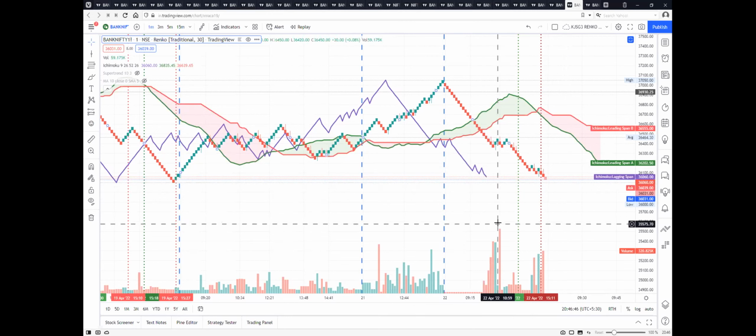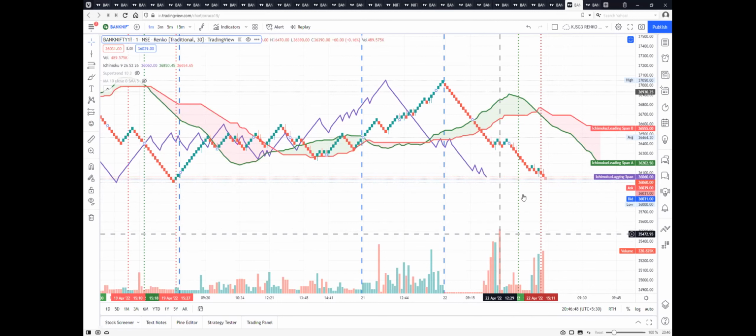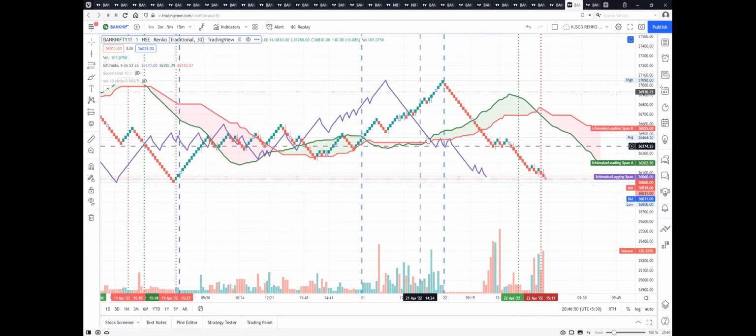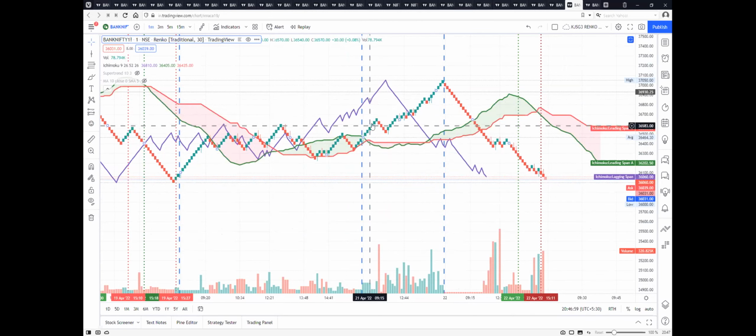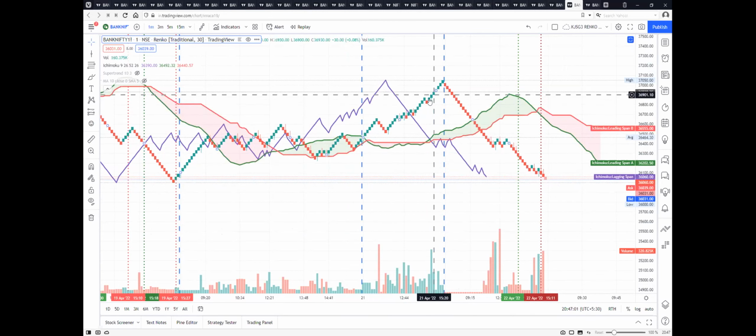We can interpret that if it is trading above the cloud and this lagging span is also trading above, we can expect bullish momentum.